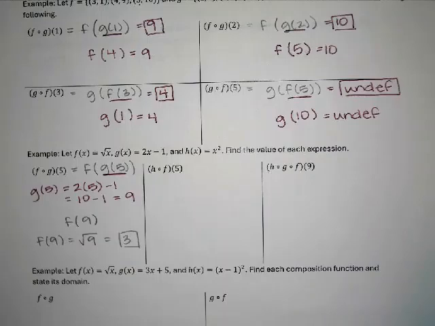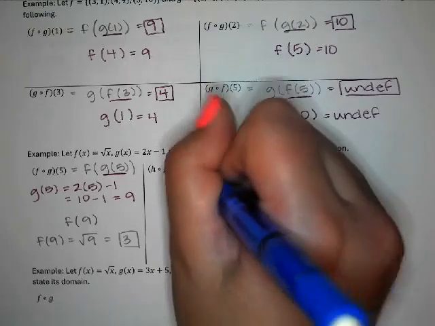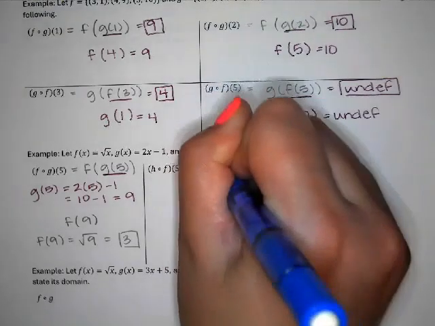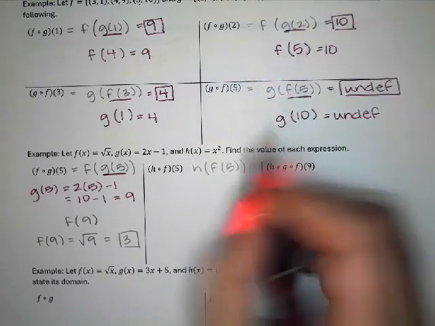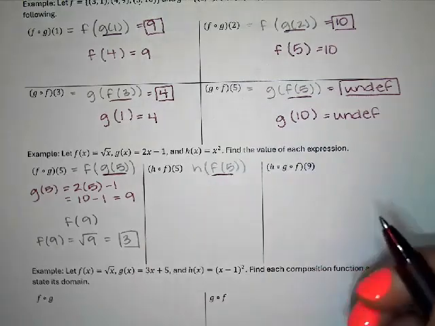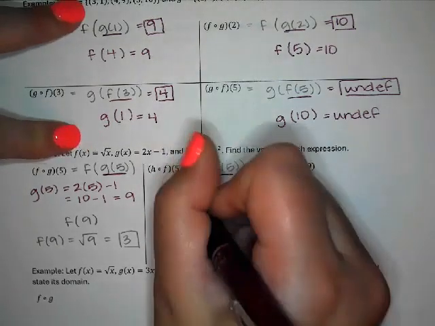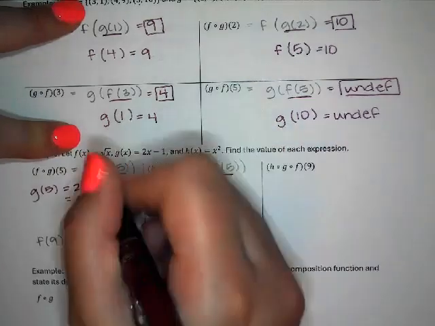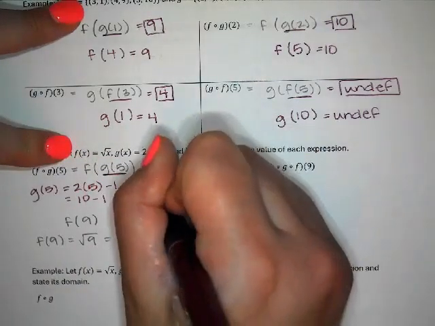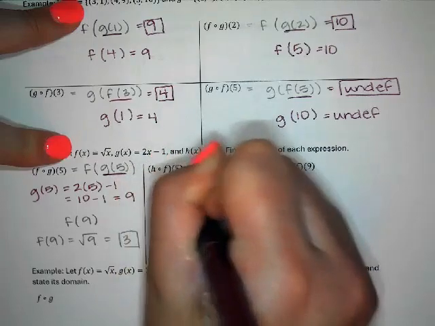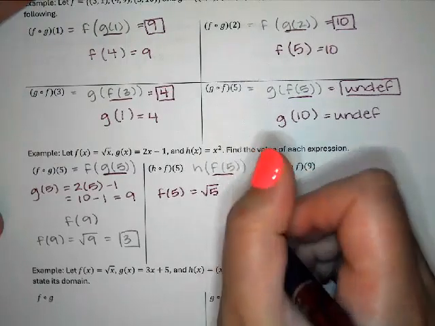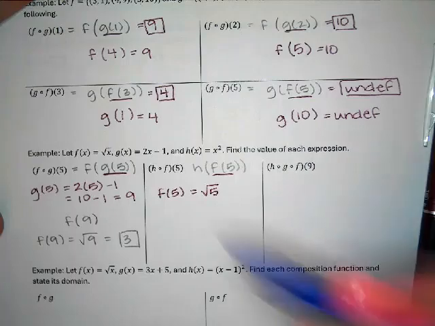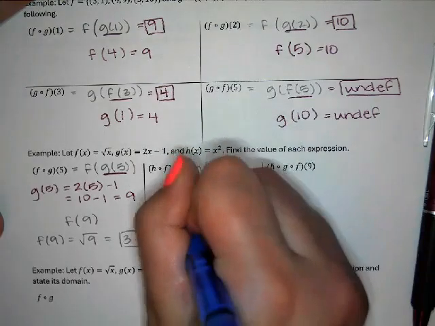This notation means h of f of 5. So I'm going to start off with that inside function, f of 5. And f of 5 is the square root of 5, okay? And then I'm going to take the outside function h and plug it in, h of the square root of 5.